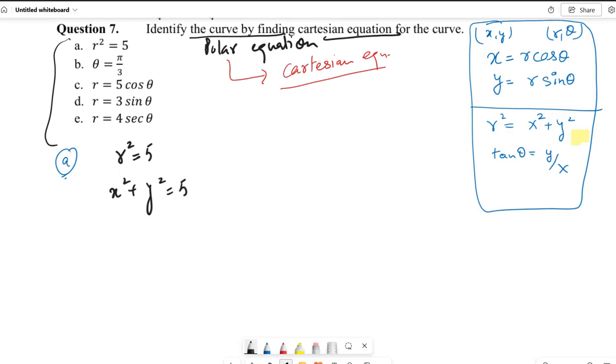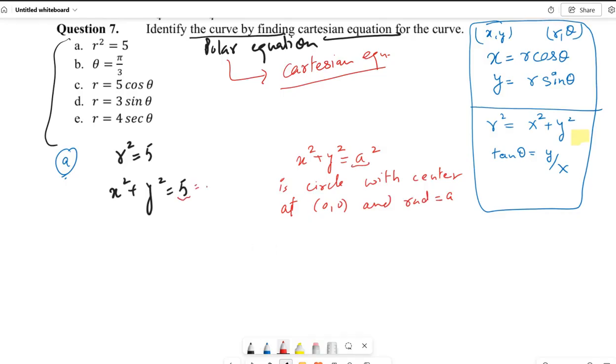Now, in geometry, we know our equation x square plus y square is equal to a square is a circle with center at 0, 0 and radius equal to a. Now you can see this is 5, that can be written as root 5 square.